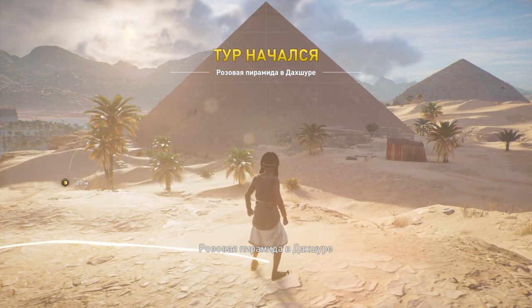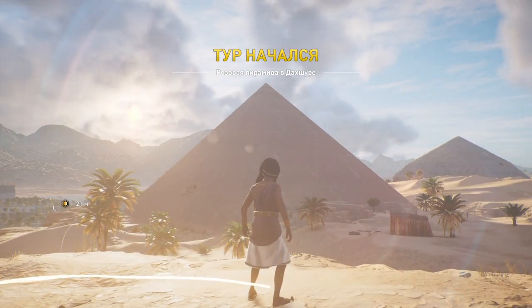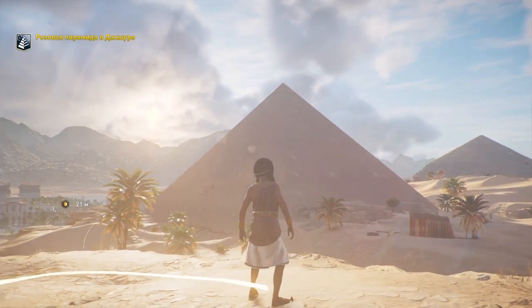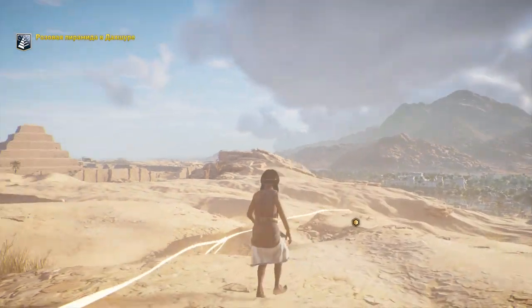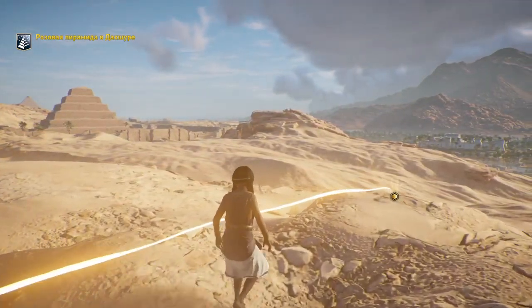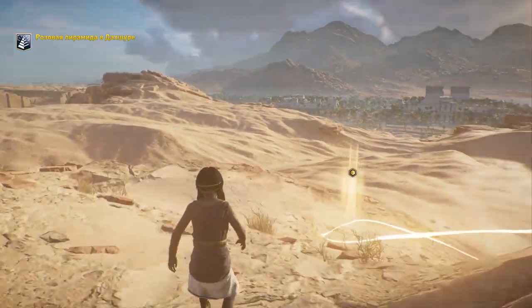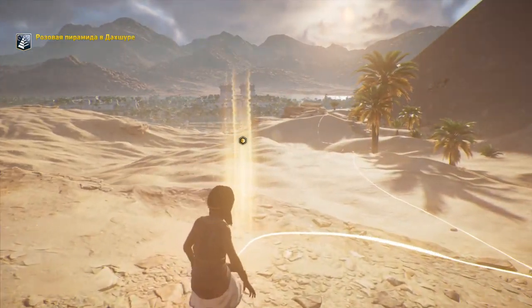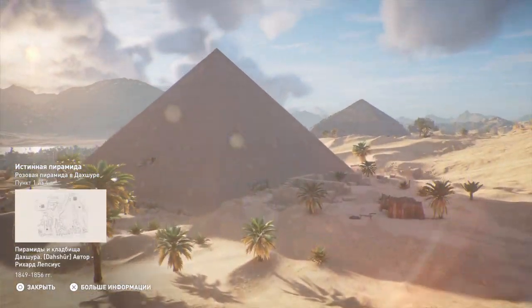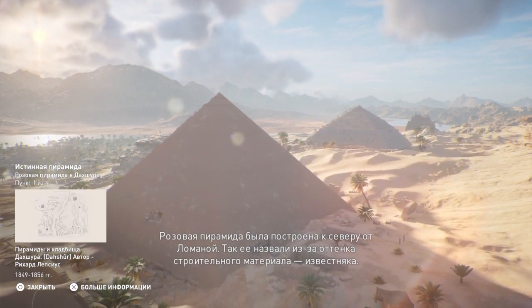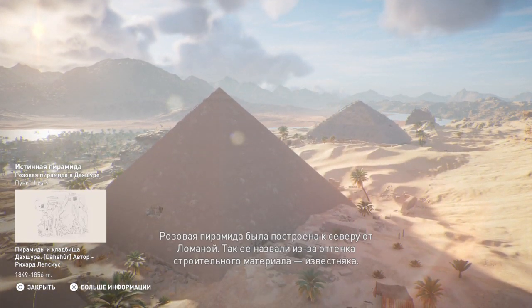Welcome to the Red Pyramid of Dashur. The Red Pyramid was built 2 kilometers to the north of the Bent Pyramid.